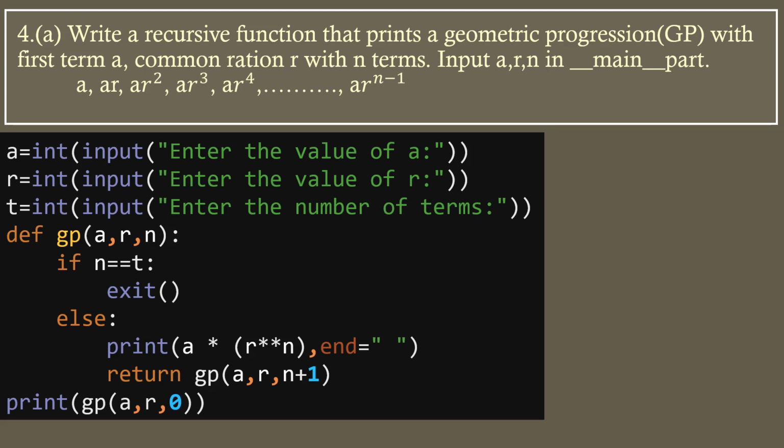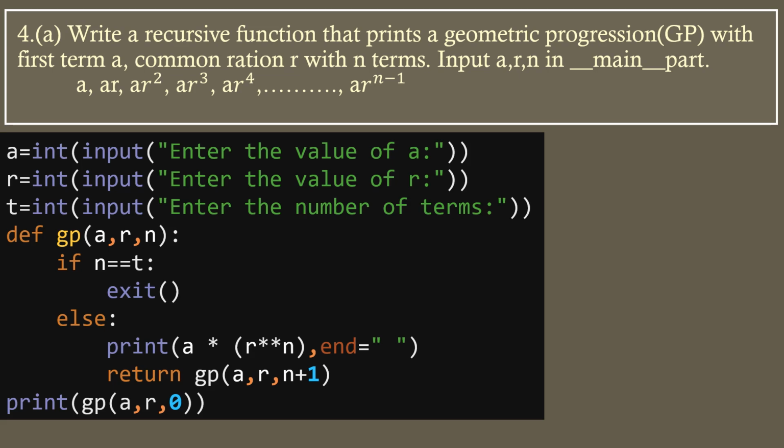Okay, now it has to return gp of a, r, n plus 1. So this is a recursive call to this function gp, and here the parameters are a, r, and n becomes n plus 1. Every time the recursive call is made, n value will be incremented by 1, and it will stop when n value becomes t.